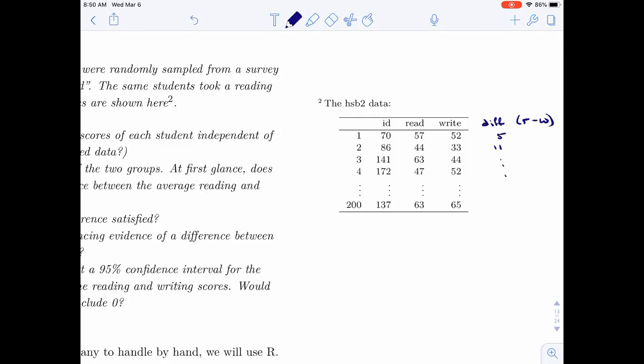So you would calculate your differences. Now that you have this column of differences, you can ignore all of this information, right? You can ignore the individual reading and writing scores. Here's the thing though, you definitely can calculate the mean and the standard deviation of the reading scores. You can calculate the mean and the standard deviation of the writing scores, right?